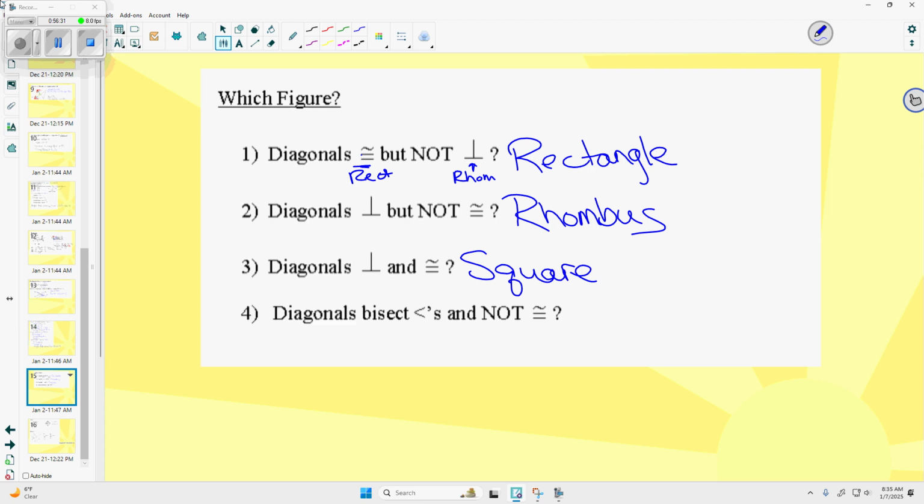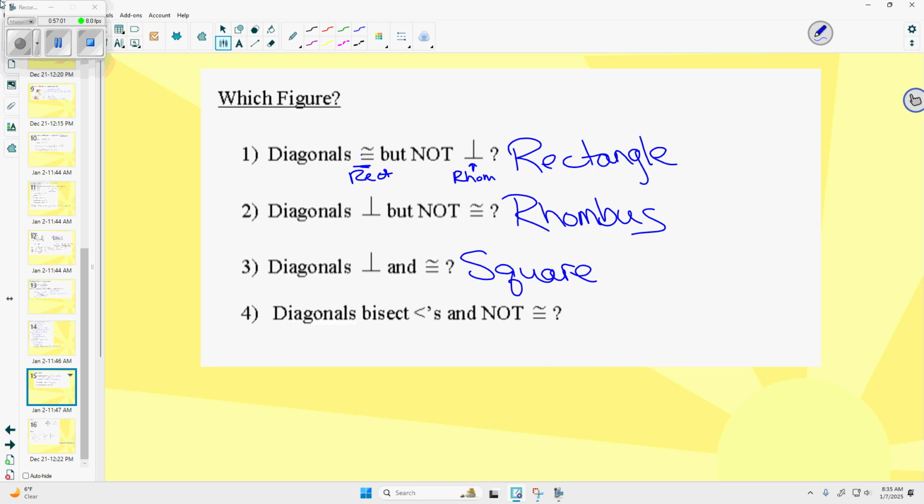All right, diagonals bisect the angles and are not congruent. Which shape has some bisecting angles? I heard square and I heard parallelogram. Look back on the previous side. Does the parallelogram have bisect angles?